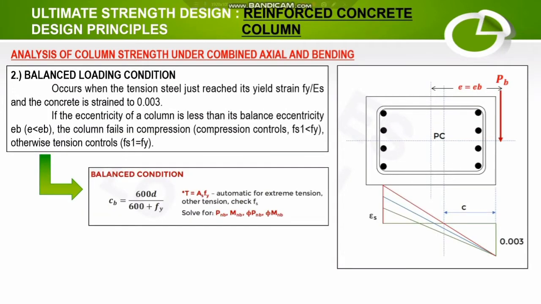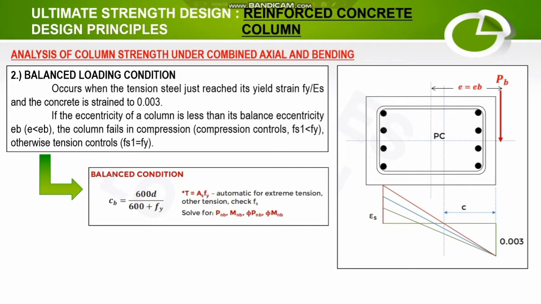When a column experiences a balanced loading condition, this occurs when the tension steel just reaches its yield strain fy over Es and the concrete is strained to 0.003. If the eccentricity of a column is less than its balanced eccentricity eb, or where e is less than eb, the column fails in compression.